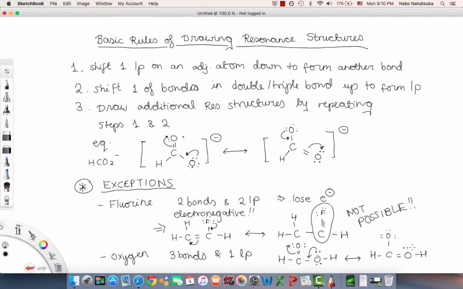However, if you look at this oxygen right here, you would see a red alarm going off because oxygen does not like to make 3 bonds with 1 lone pair. So this structure again is not possible, and it is not a resonance structure for this particular molecule. And this is considered the best because oxygen likes to have 2 bonds with 2 lone pairs like so.